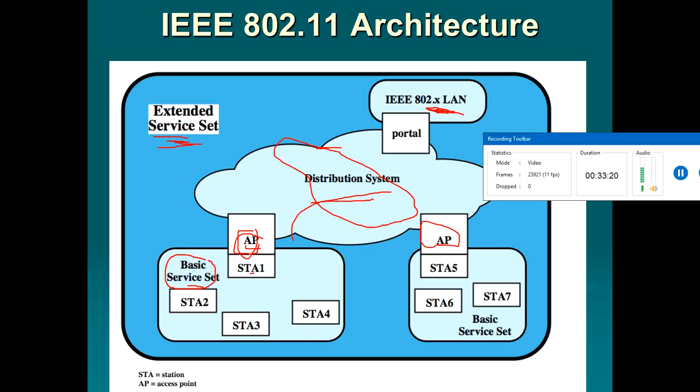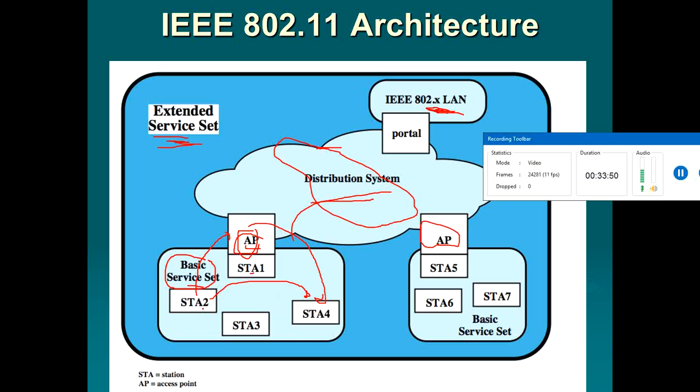Now what is the function of the AP, the access point? The access point works as a bridge or a router and a relay point. In a basic service set, the client stations do not communicate directly. For example, if station 2 wants to send a message to station 4, this message will not be sent directly. Rather, it will be sent to the access point first, then from the access point to station 4.